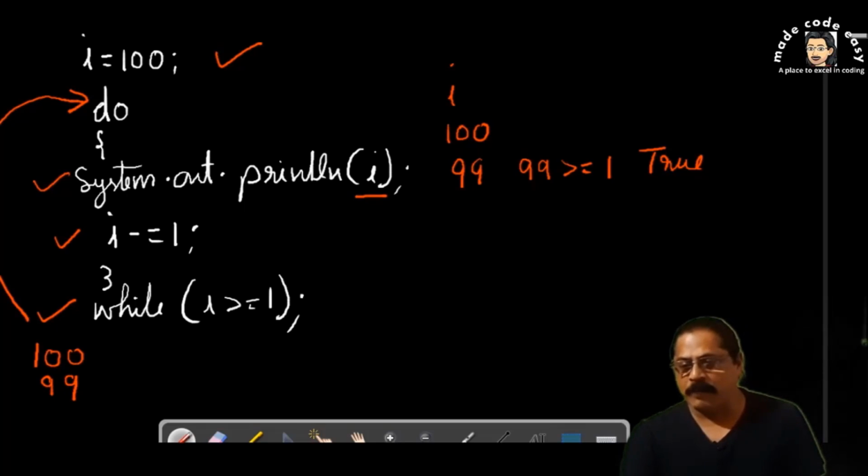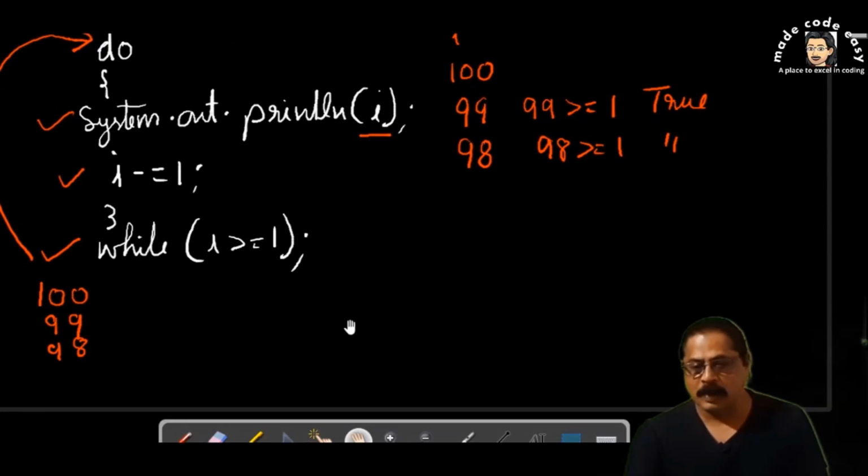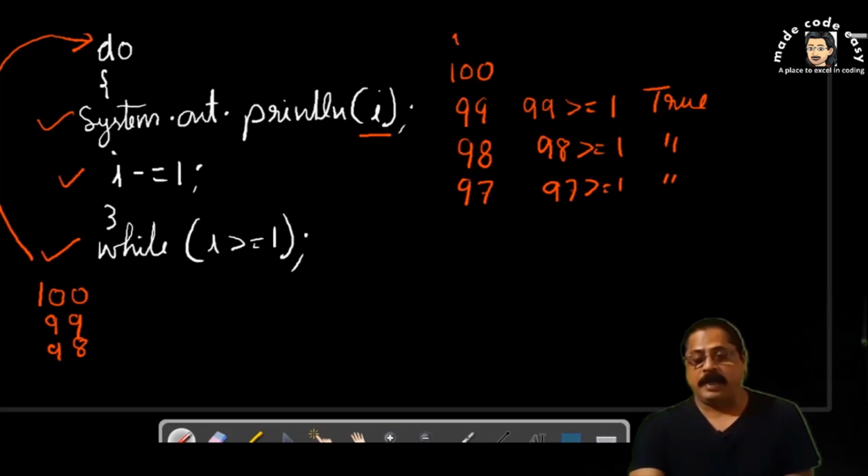The value of i becomes 98. 98 greater than equal 1. Condition true. 98 is printed out. Then control is transferred. Then it becomes 97. 97 greater than equal 1. 97 is printed.